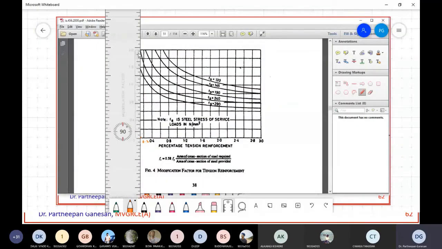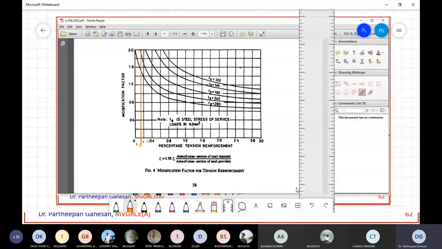I will draw a graph here. Now where it is cutting the 240 line, this is the 240 line. It is cutting somewhere here in the 240 curve.